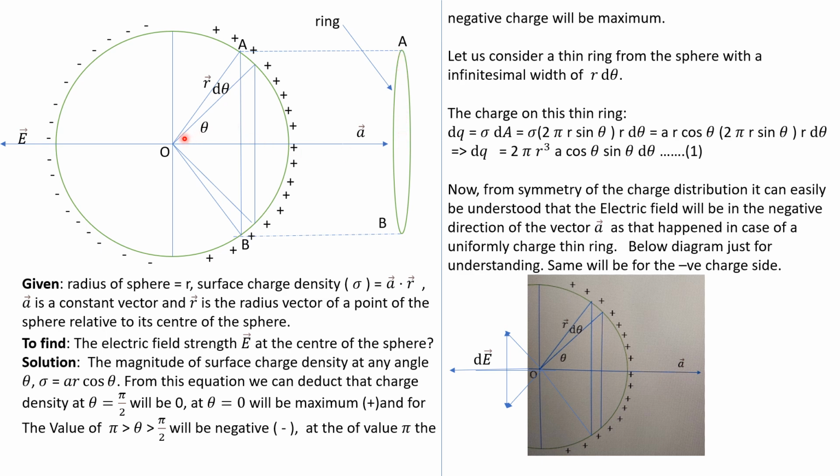The radius you can easily find from the right angle triangle: it is r sine theta. So 2 pi r sine theta is its perimeter, and if we multiply it with the width, you get the area. So from here you will get dq as 2 pi r cube a cos theta sine theta d theta. And this we have named equation number 1.